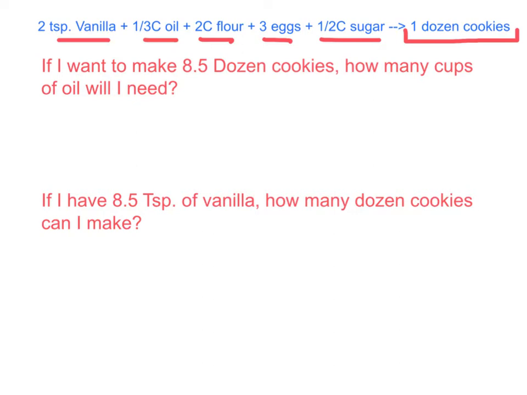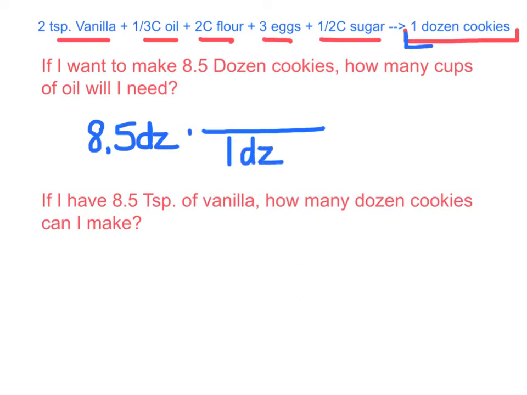Okay, so in a stoichiometry problem, what you'd do is you would start by writing down the piece of information that was given, which is 8.5 dozen cookies. And then we would go to our equation and we would look at the relationship between the dozens of cookies and the amount of oil. So for every 1 dozen cookies, I'm getting this from up here, I need 1/3 cup of oil.